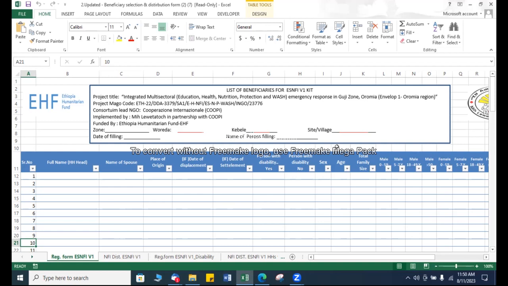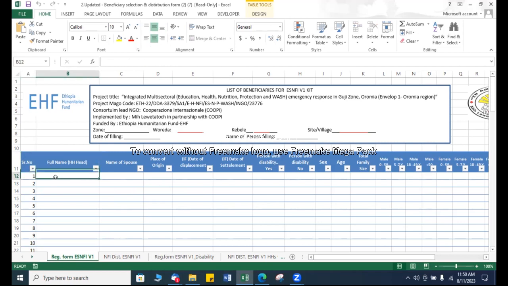This template is not only for ASNF activities, but for every activity, especially distributions and any related activity. We have to use this beneficiary registration template at country level. Although this is an example for ASNF activities, you can change the areas to livelihood or any other program activities that COOPI has.